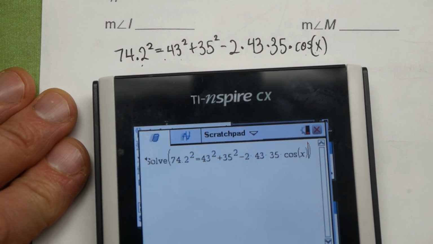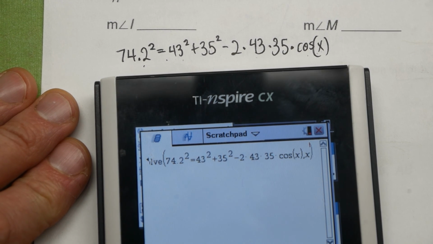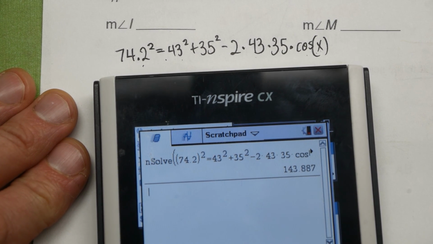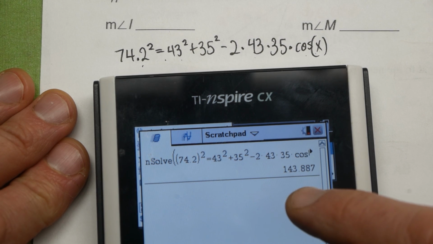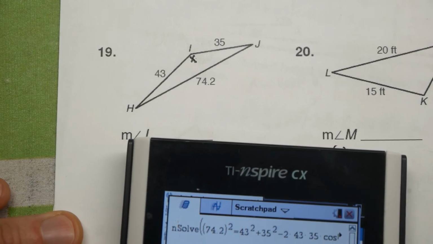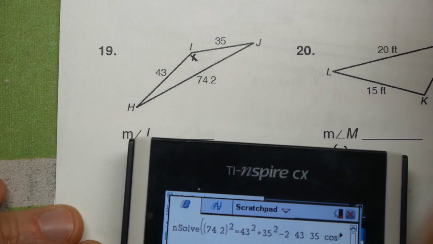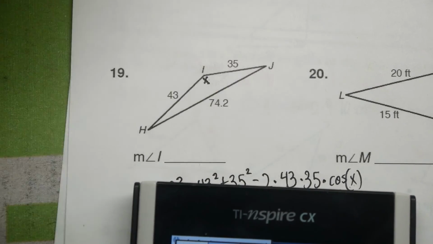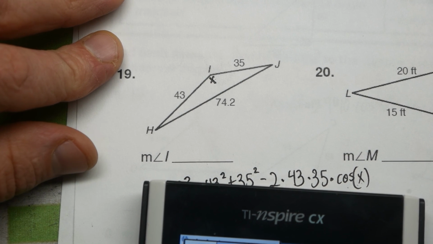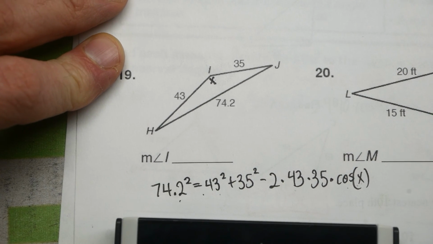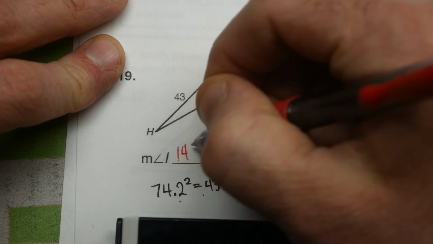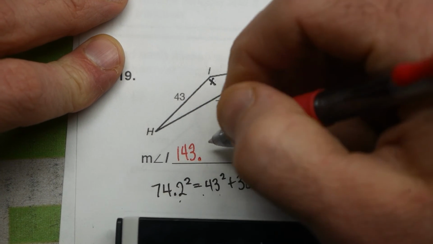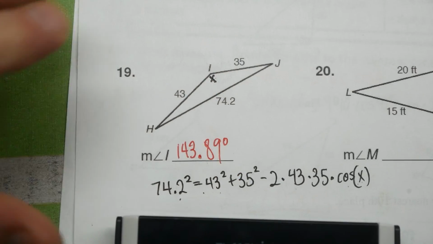All right, finish it off with the comma x. And 143.89 degrees. I mean, that's reasonable. Definitely an obtuse angle, and those numbers look like they could be legitimate with the way it's drawn. So this is 143.89 degrees.